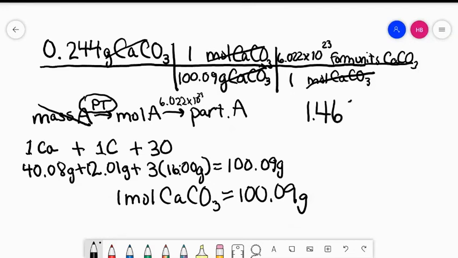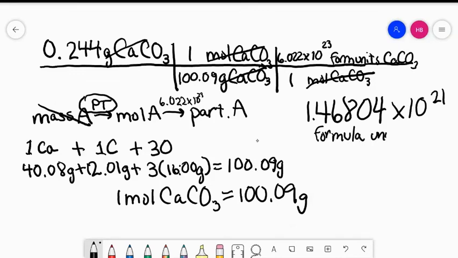And then I divide by the bottom. So I'm going to get an answer of 1.46804. It's going to give me lots and lots of numbers. And then you have to be careful because there's going to be an exponent there. It's either going to be after the letter E or it's going to be up to the right, and that's going to be 21. And my units are formula units. And my labels are calcium carbonate.